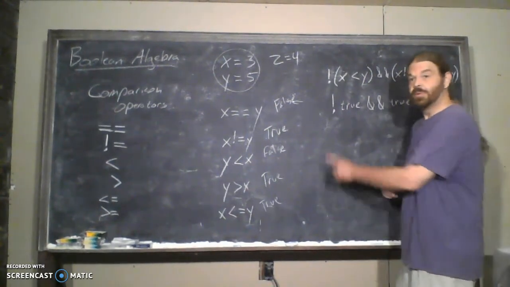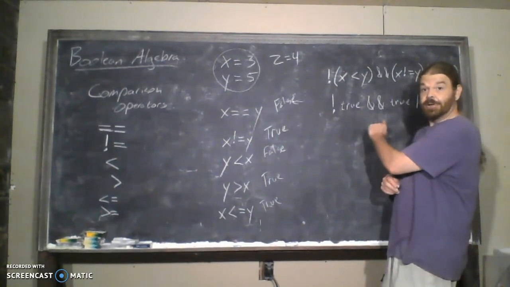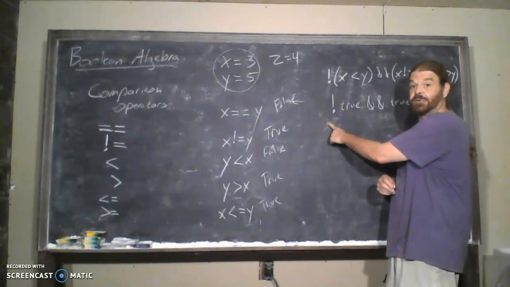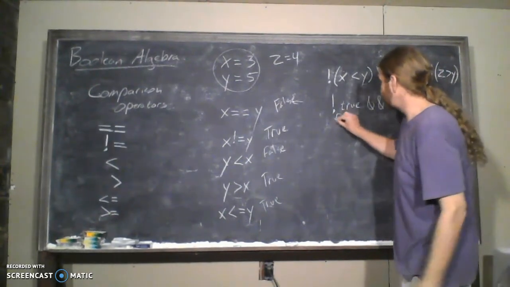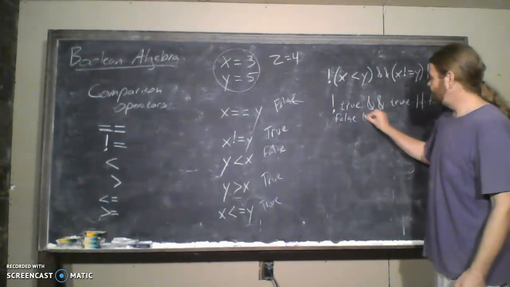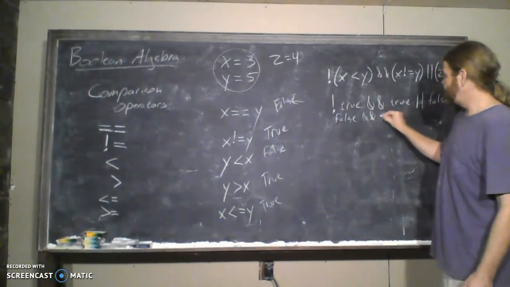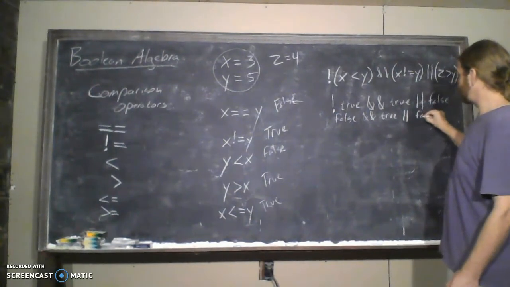So now our next one is the unary operation, the not, because it only negates the first thing. So not true will be false. So we have false and true or false.